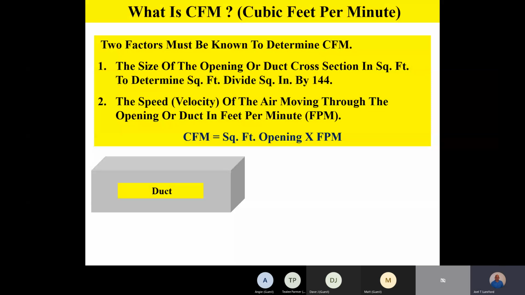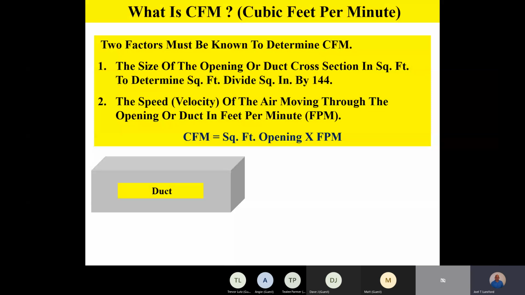Once we find the square foot opening of that duct, we then measure the velocity of the air stream. In our example, it's 810 feet per minute velocity. We then multiply 810 times the square foot opening of 1.07, and that gives us a CFM of 867.